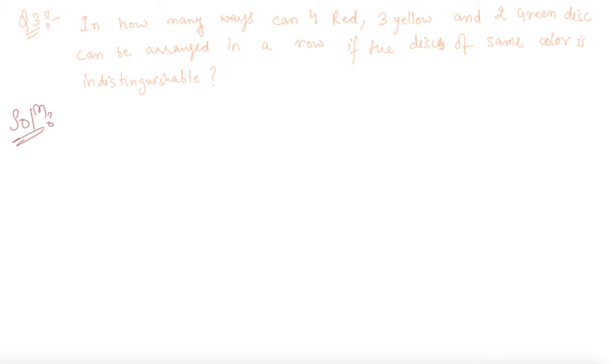So students, here we are given a question in which we have 4 red, 3 yellow and 2 green discs. We need to find the number of permutations, or the number of ways, in which these discs can be arranged if discs of the same color are indistinguishable, meaning they are all the same.